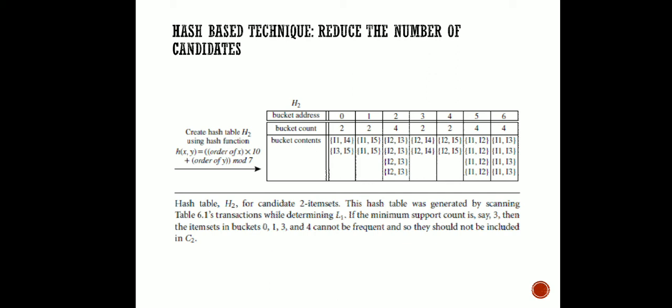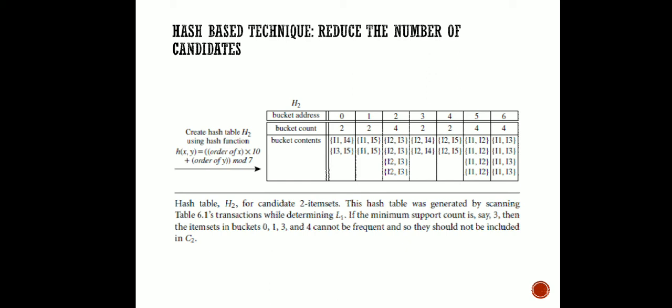If you perform this hash function on all of the itemsets, we can decide in which bucket each is going to be placed. Based on this hash function we can place the itemset in that bucket.